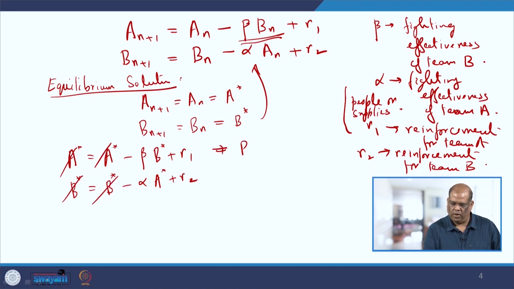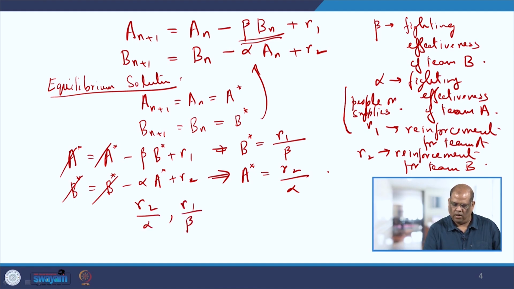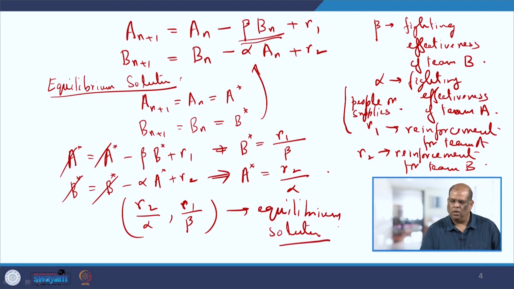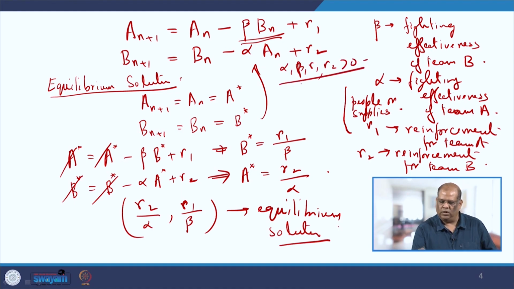This gives B* equal to R1 by beta, and A* equal to R2 by alpha. So, R2 by alpha and R1 by beta is the equilibrium solution. And alpha, beta, R1 and R2 are all positive constants.